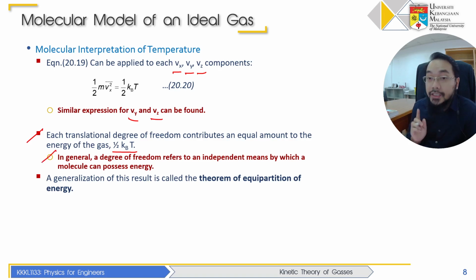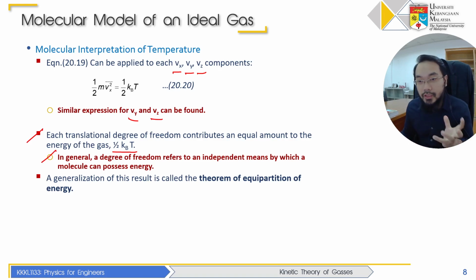In general, a degree of freedom refers to an independent means by which a molecule can possess energy. So it can be moving in the x direction, y, and also z at any time, because it's in 3D. If your movement is only translational kinetic energy, then you have 3 degrees of freedom.